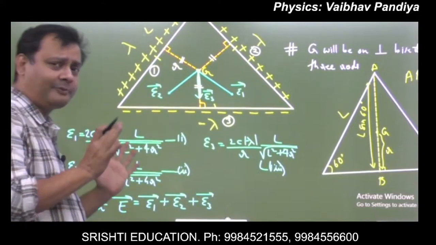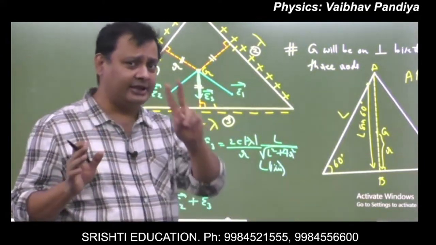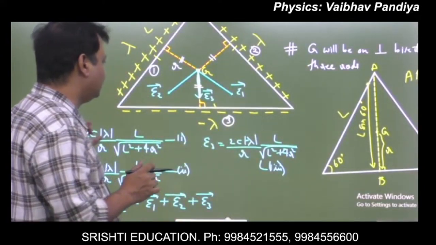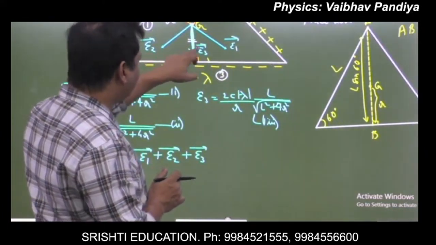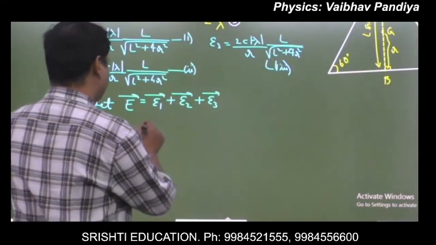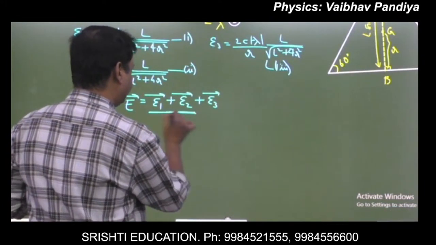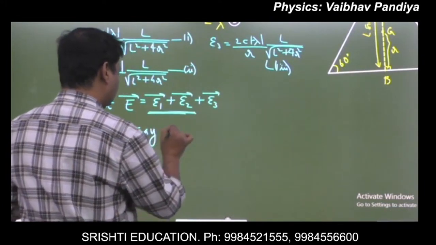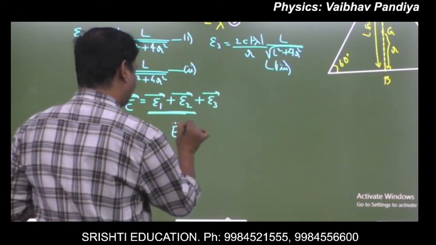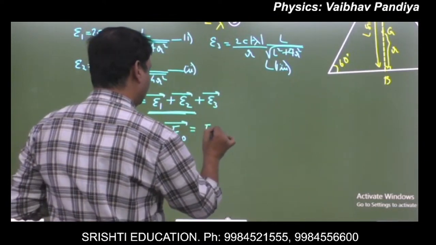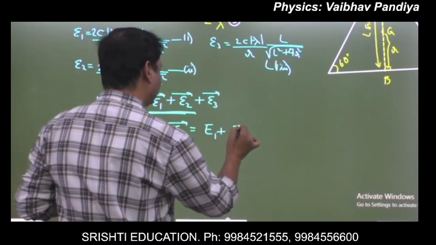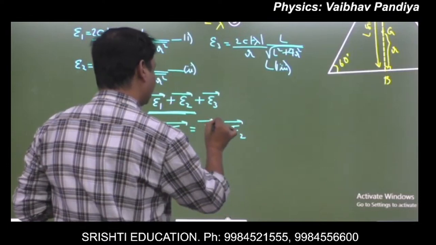But the limitation of the parallelogram law is that at a time we can add two vectors. So fortunately, if you see, E2 and E1 have the same magnitude. So say vector E0 is the sum of E1 and E2, correct?